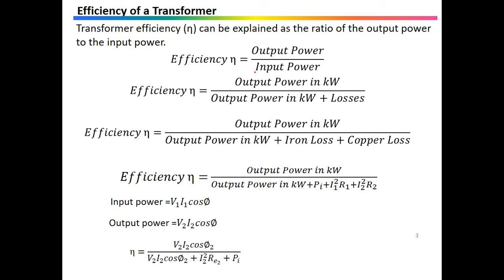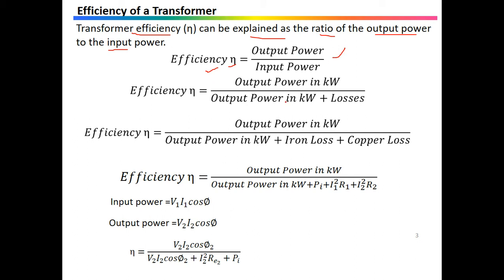Therefore, the output power of the transformer will always be less than the input power drawn by the primary from the source. So the transformer efficiency, in direct terms, is the ratio of output power to input power. Here the efficiency, represented by eta, is the ratio of the output power to the input power.